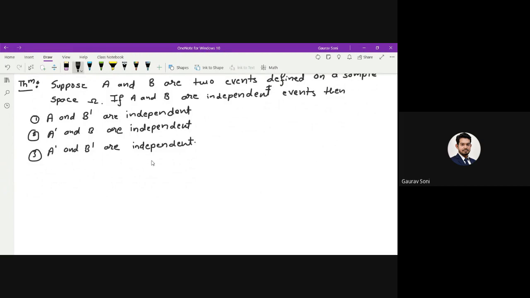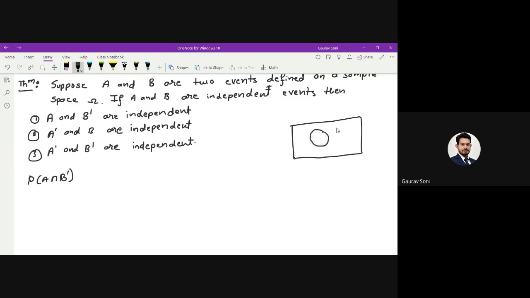What we need to show in the first case is that probability of A intersection B complement is equal to probability of A times probability of B complement. That is what we need to show. Let's draw the diagram. What fact will we use? A and B are independent events. That fact I will use.